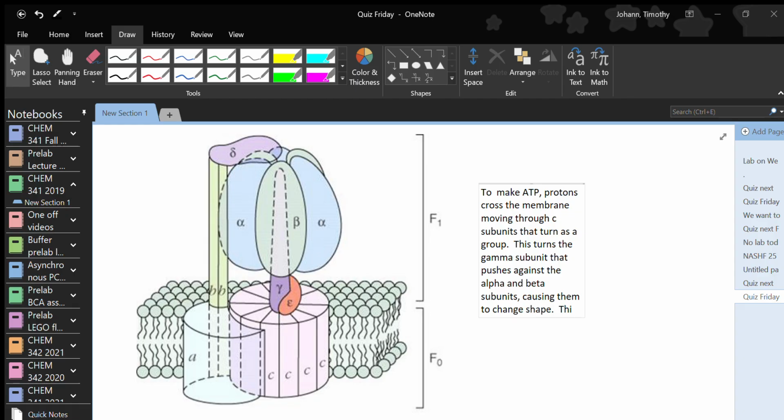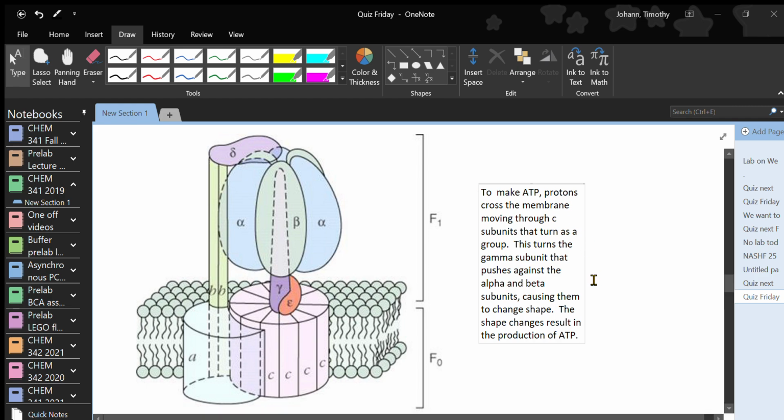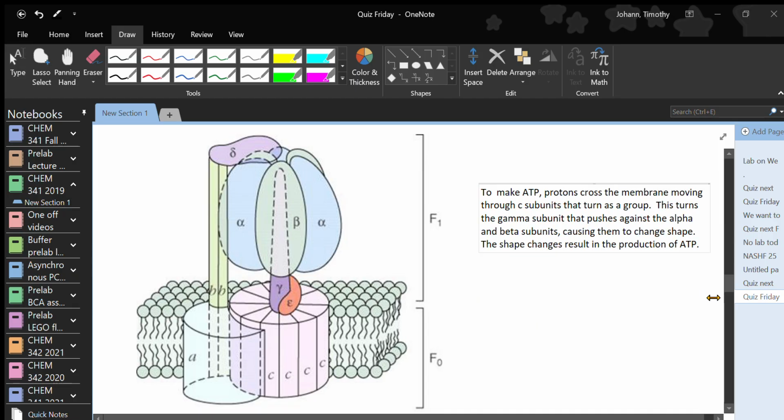The shape changes result in the production of ATP. All right, so in 2 or 3 sentences, however many that was, that's how this works.